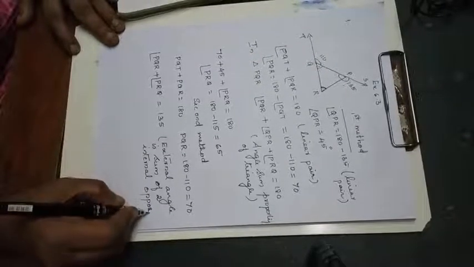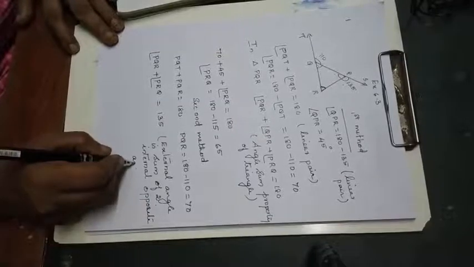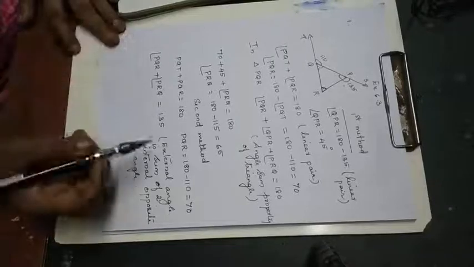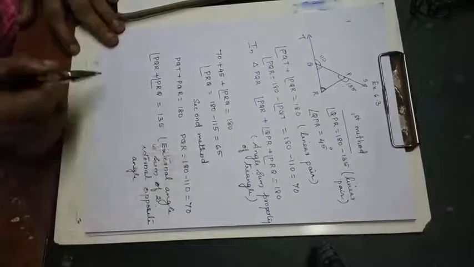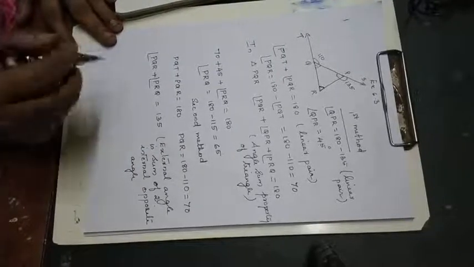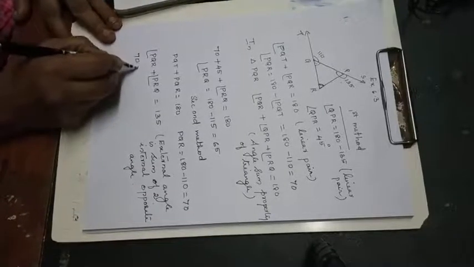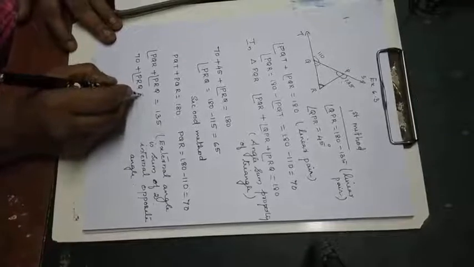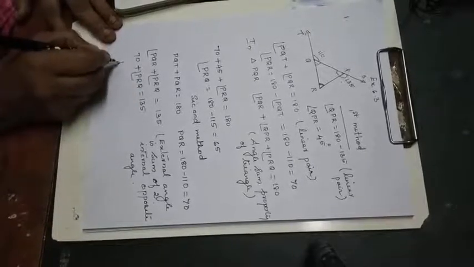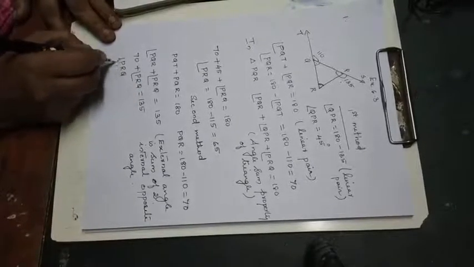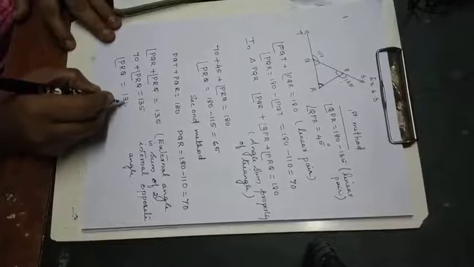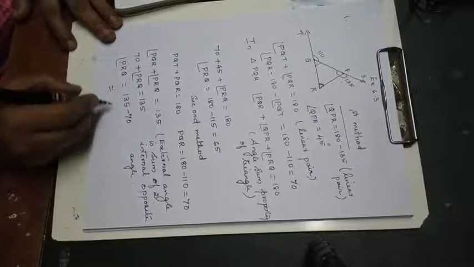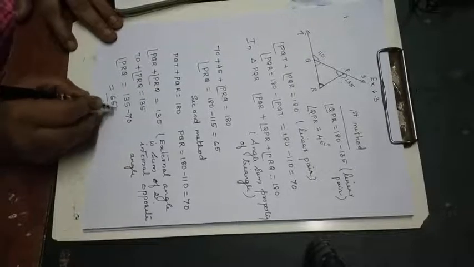So 70 plus PRQ is equal to 135, or PRQ will be equal to 135 minus 70, that is 65.